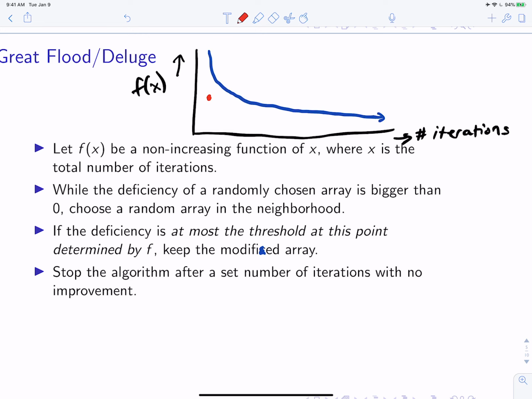And if we, on the next iteration, make it worse, then we're still going to keep it because it's still below the blue line. And then if we want to have an array like right here, it's over the line, so we don't keep that change. And then we just keep going as long as we're still under the line. Okay, any questions on that?